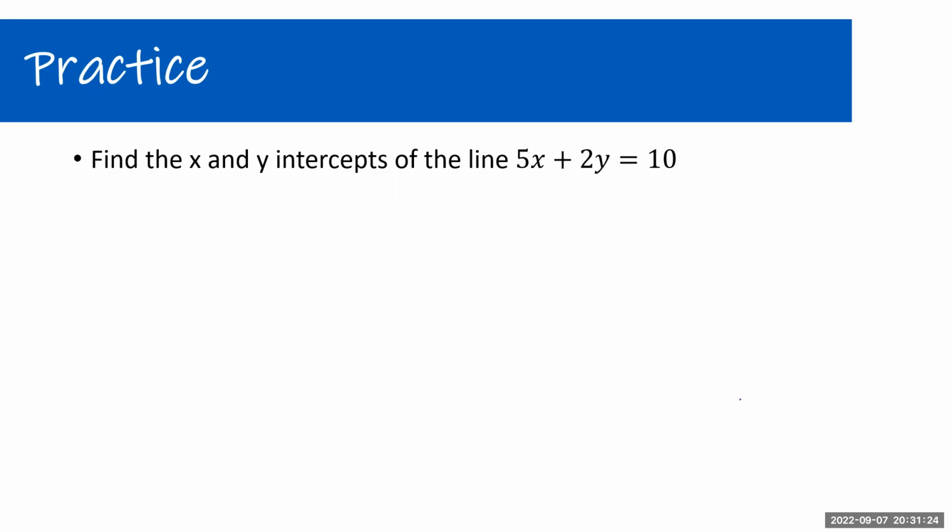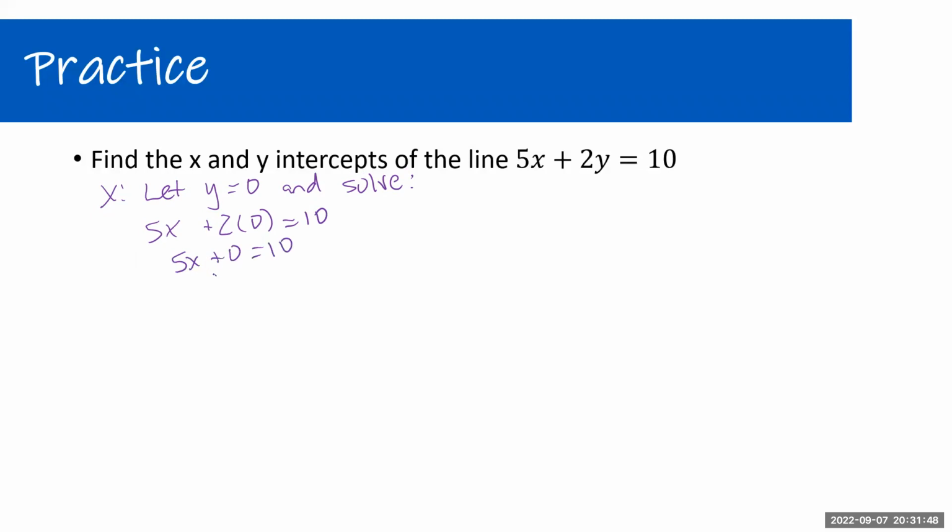So to find the x-intercept, let y equals 0 and solve. Right? So for our x-intercept, we're going to say 5x plus 2 times 0 equals 10. So 5x plus 0 equals 10.